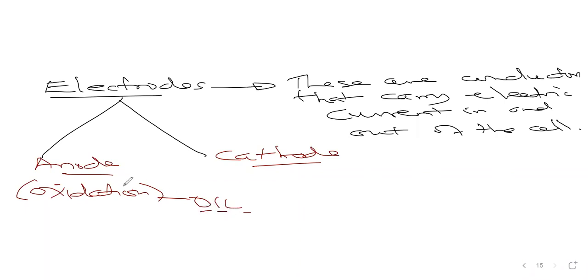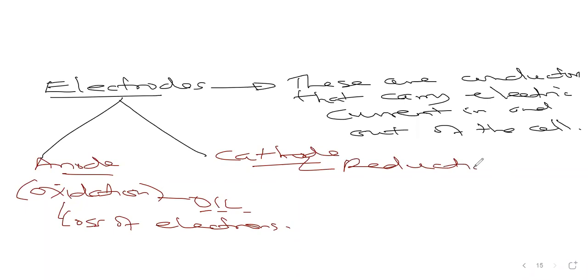Oxidation is loss of electrons. The cathode is where reduction occurs. And reduction is gain. I normally use RIG to remind me that reduction is gain of electrons.